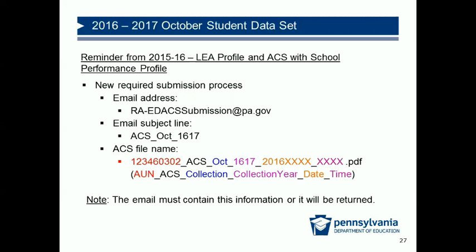The ACS file name in general terms is AUN_ACS_collection_collection year_date_time. You will receive a confirmation that we have received the email. If it is determined that additional information is needed, you will receive an email that we need a new ACS. Note, the email must contain this information or it will be returned.